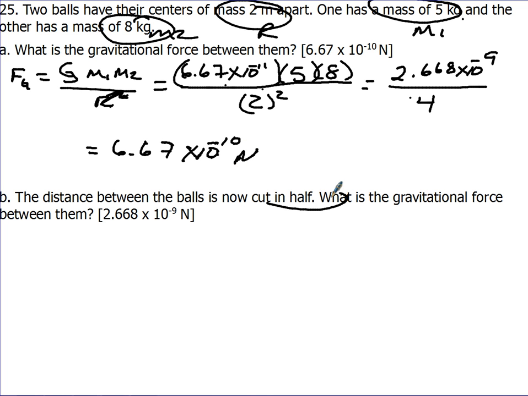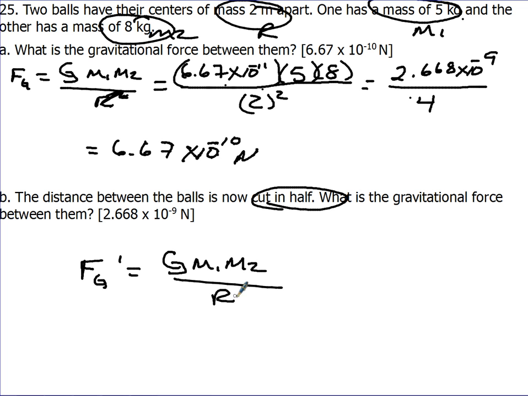Now, if the distance is cut in half, what's the gravitational force between them? I can start all over and use a distance of 1 meter, but let's not. Fg prime equals, watch what happens, G M1 M2 divided by R squared. If I cut the distance in half, I'm going to put a 1/2 here, and because it's attached to the R, it's going to be squared. I'm going to put all this out here, G M1 M2 divided by R squared.